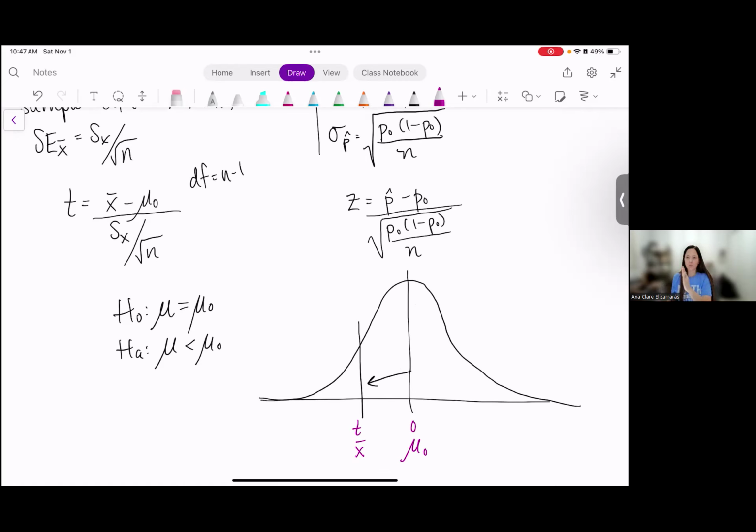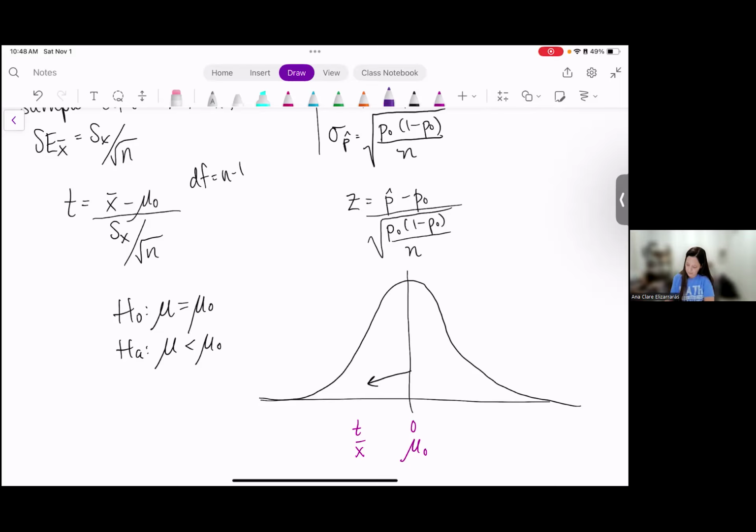If it's pretty close, if your t-score is 1 away or -1 away or something, the probability of that happening is pretty high. But the further away that you get from your hypothesized value, the smaller your probability is, because you're getting farther away from the mean. So remember, as you go out in z-scores, it becomes less and less likely.